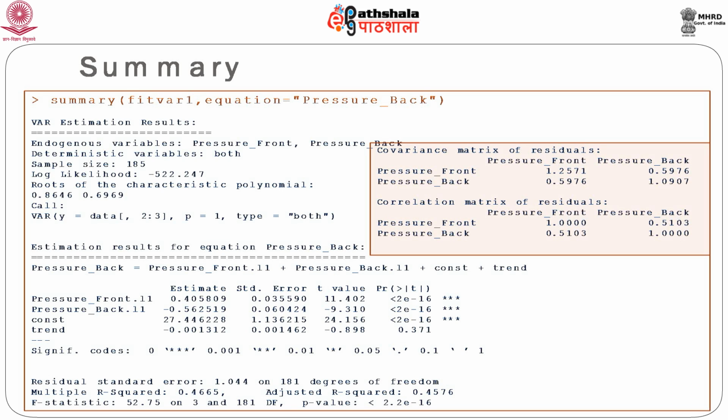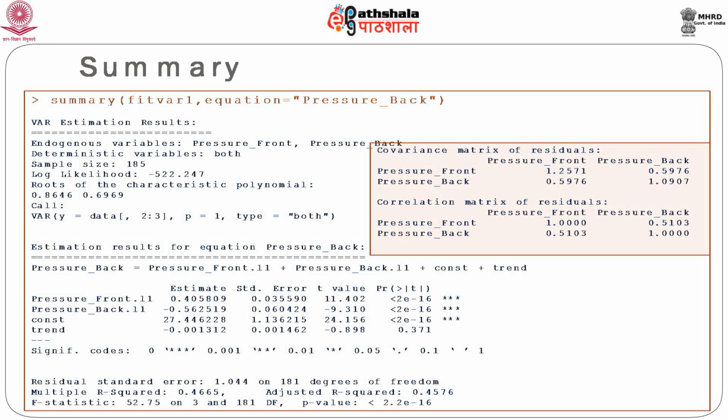So here, similarly, all the coefficients are shown. Again, trend is not significant for this, but other coefficients are significant. R square is quite small compared to the pressure at the front of the furnace.